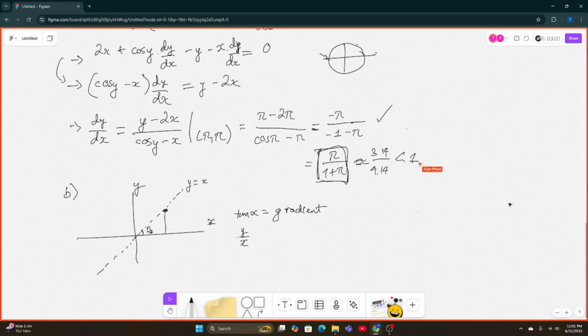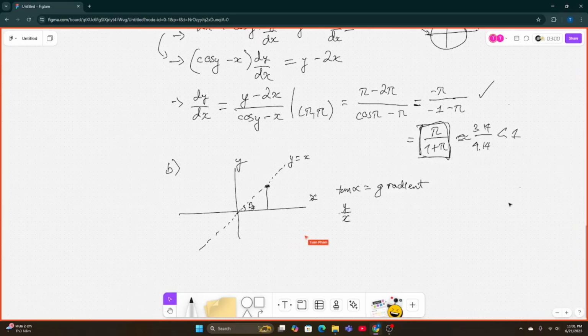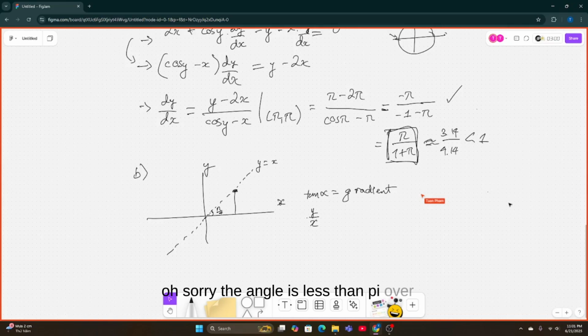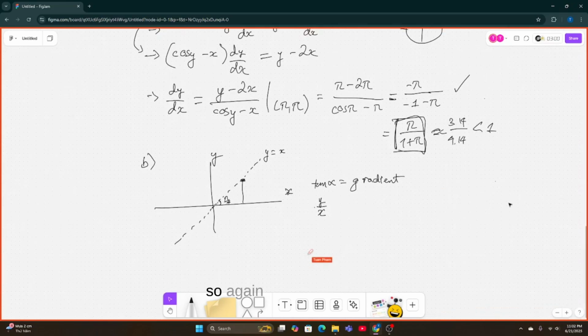So the angle is less than pi over 4. Again, tangent of alpha is equal to the gradient, so the other line will look like this, with an angle smaller than pi over 4. And this is the theta angle that you are looking for. All right, so how do we find this angle?